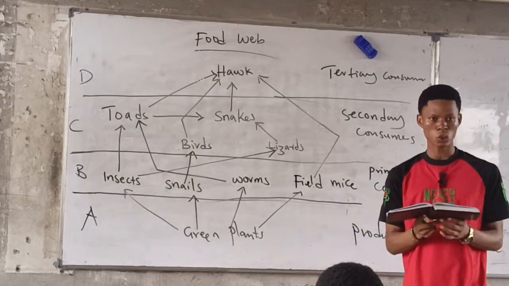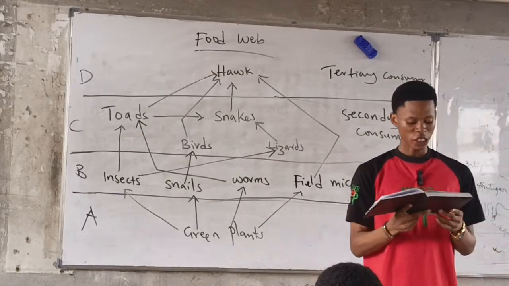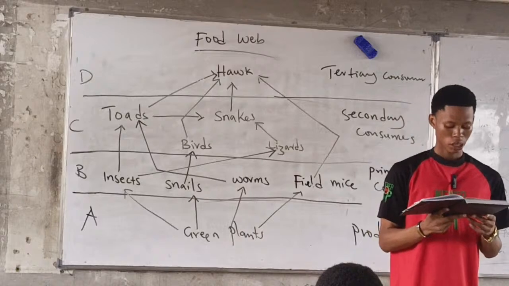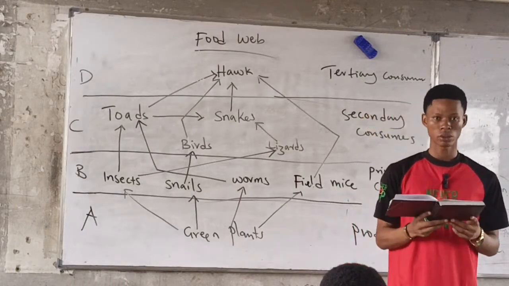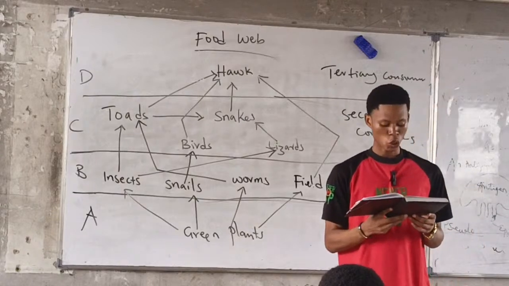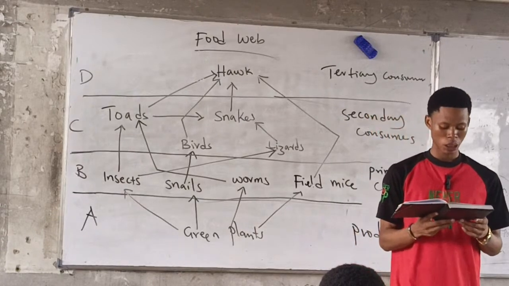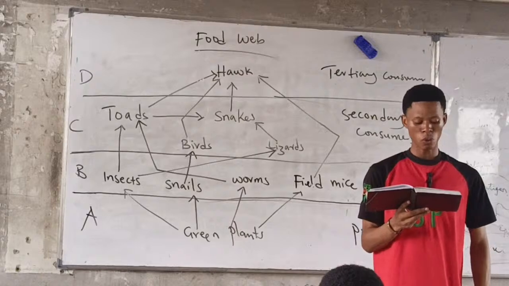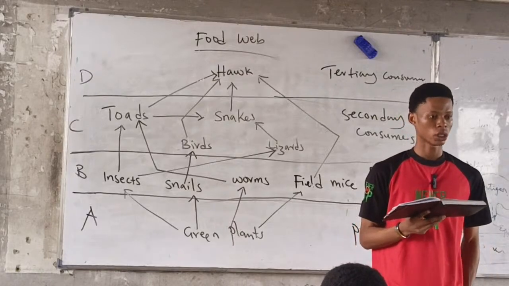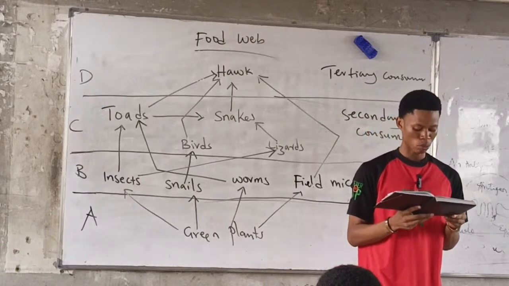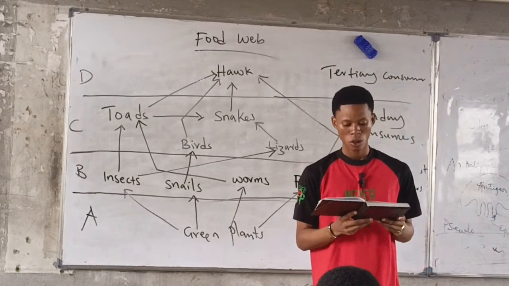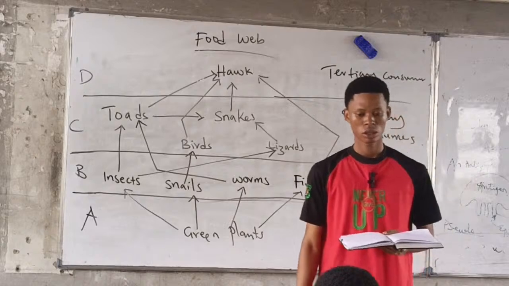This refers to the number of individual organisms at each trophic level of a food chain.